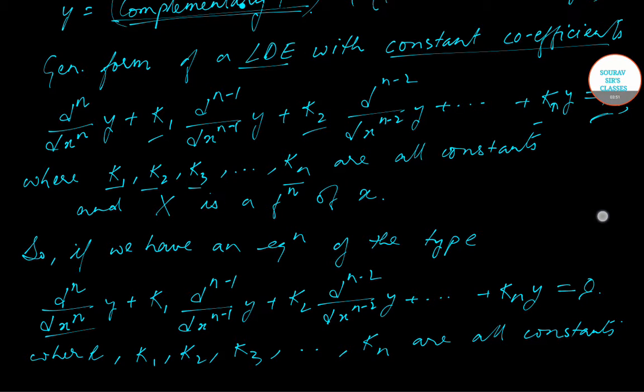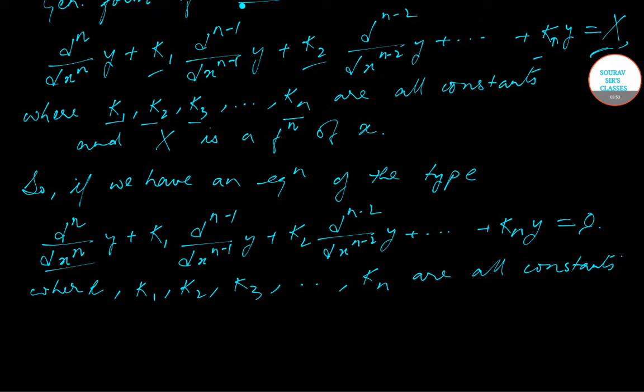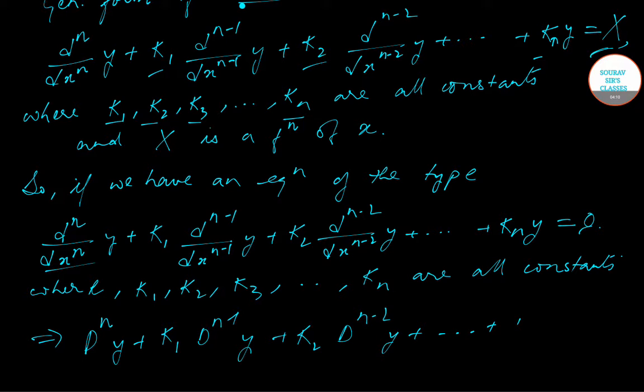then this can be written down in the format D^n y plus k1 into D^(n-1) y plus k2 into D^(n-2) y, and up till kn y is equal to 0.